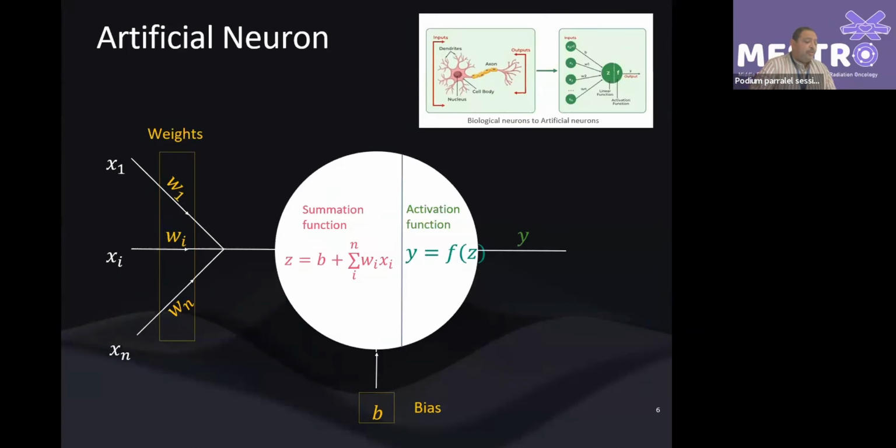An artificial neuron is the element of a neural network. You can think of it as a class. Basically, we feed it with some inputs, and we put these inputs in a summation function with some weights, and then we transfer this summation to an activation function, and then this neuron is going to give out a signal based on this summation function.